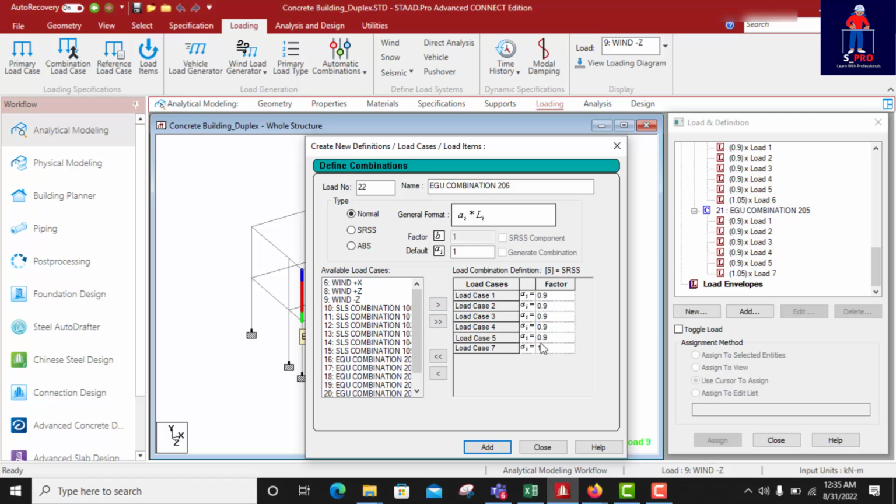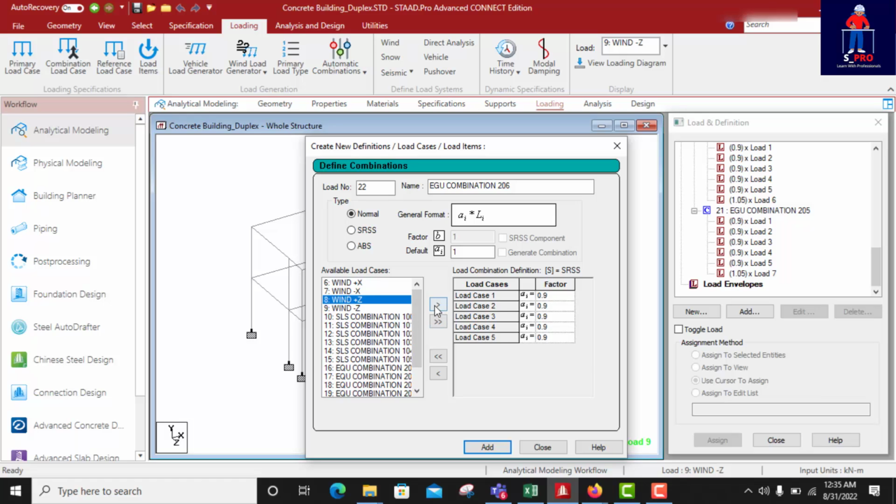Minus X direction. Okay, that's wrong. I've done this.